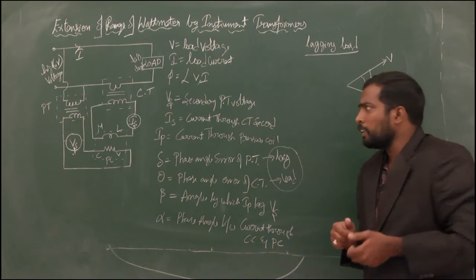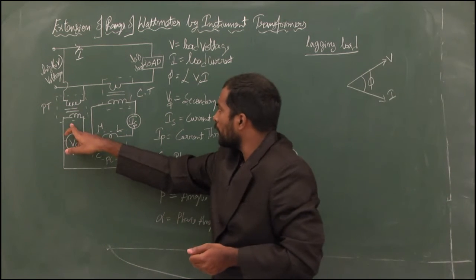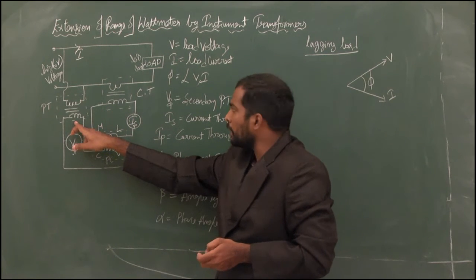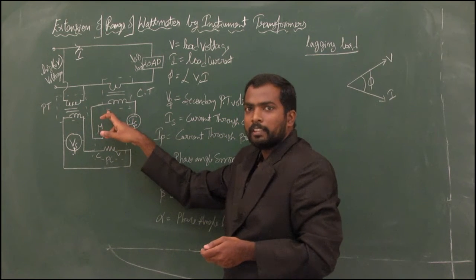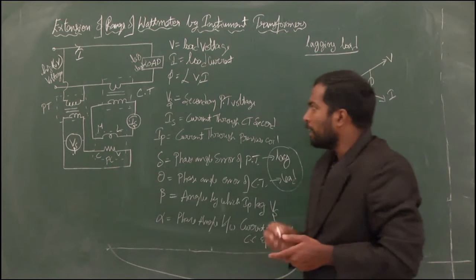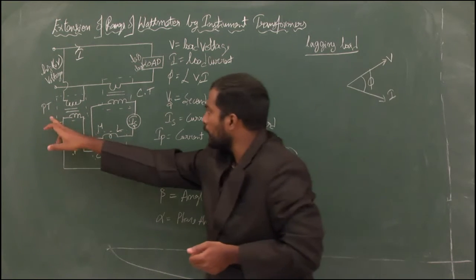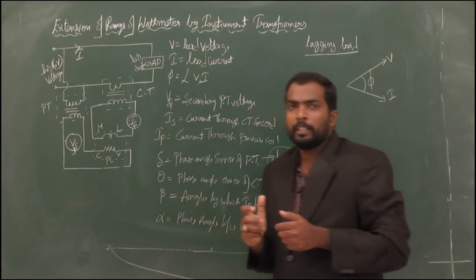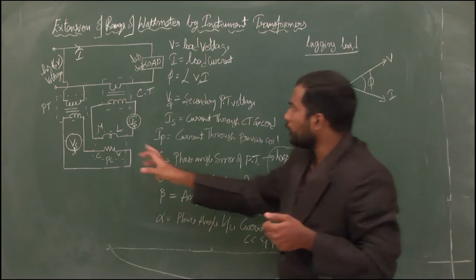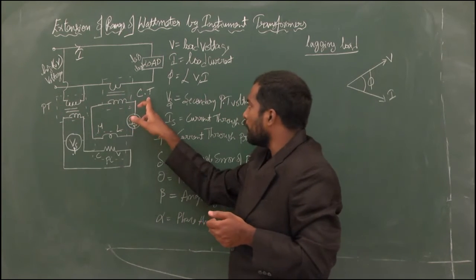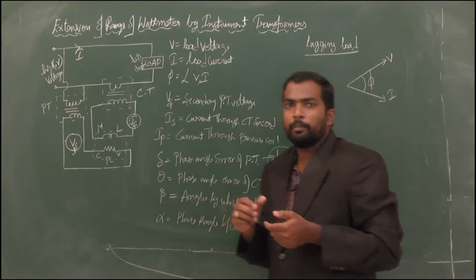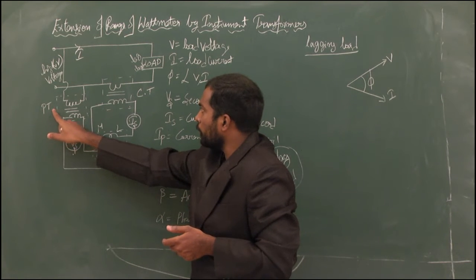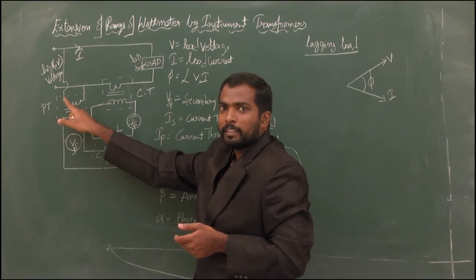But we know that as we are going for a potential transformer and current transformer, the secondary side voltages and the secondary side currents are phase shifted by 180 degrees. That means the error due to potential transformer and the error due to current transformer should be represented with the negative projection of your primary side voltage and primary side current.